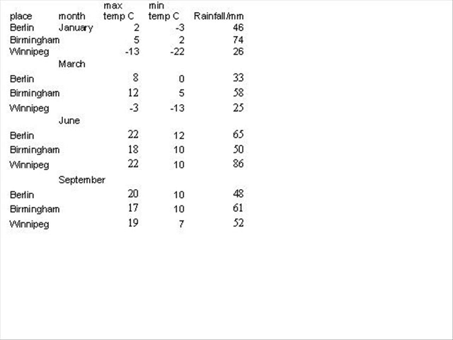So just have a look for a time at these values of maximum temperature and minimum temperature, along with rainfall for the 3 cities for January, March, June and September.